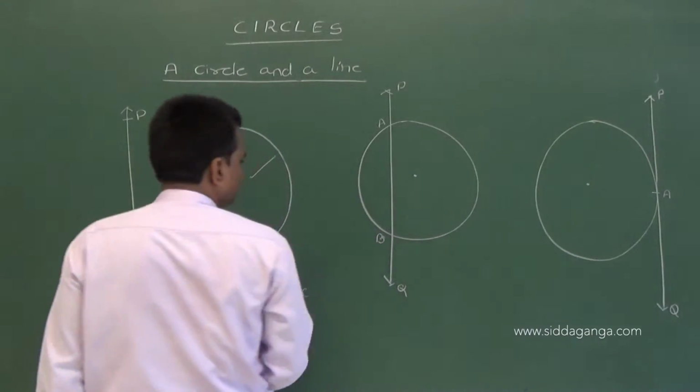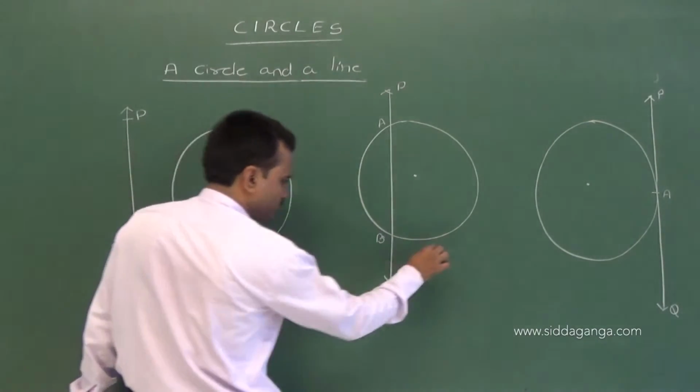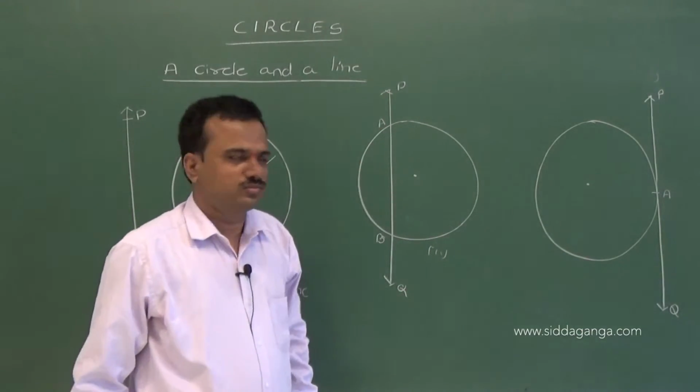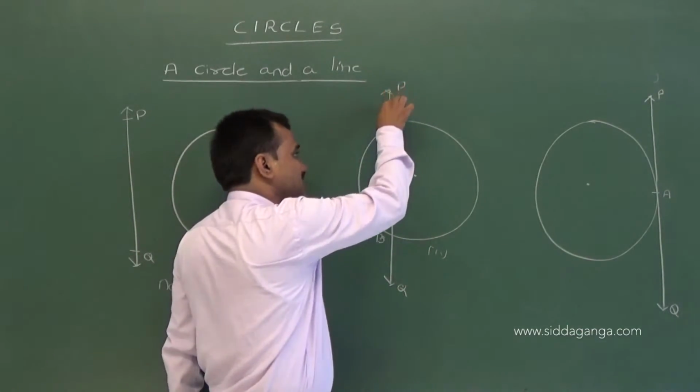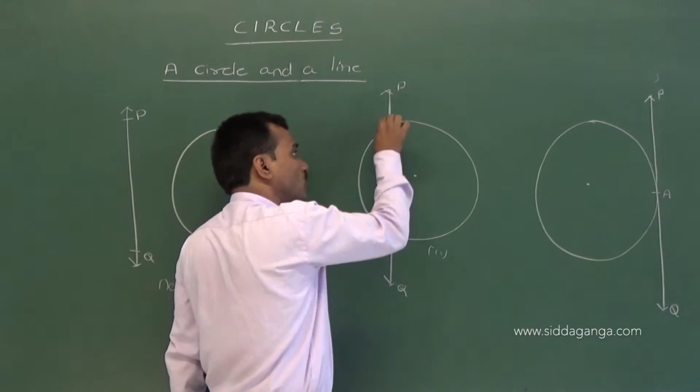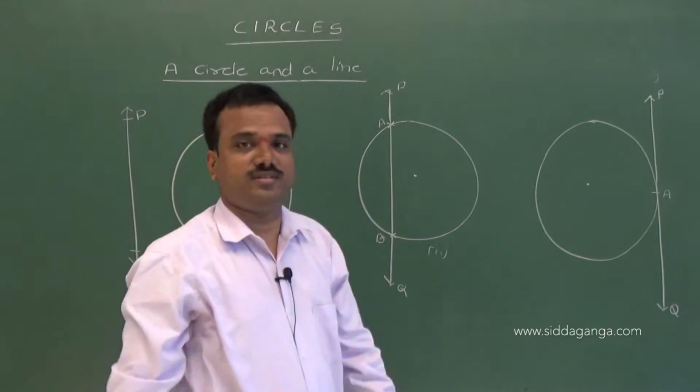Diagram 1 is over. So diagram 2. Observe diagram 2 carefully. The line PQ intersects the circle at 2 points, A and B. Yes.